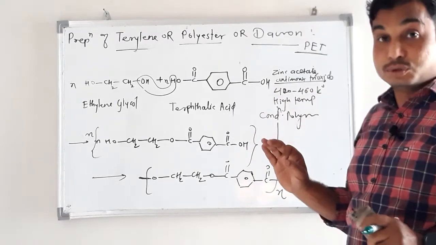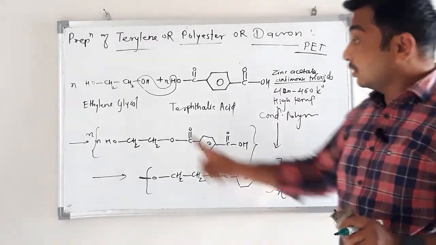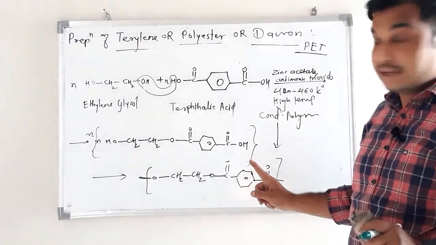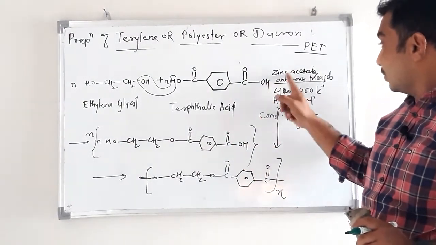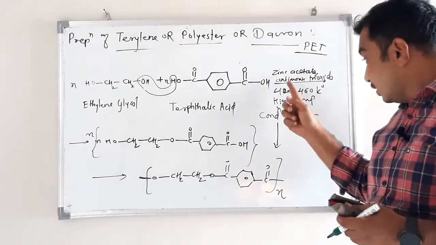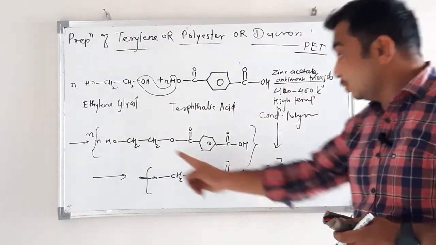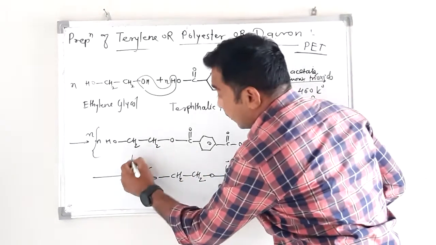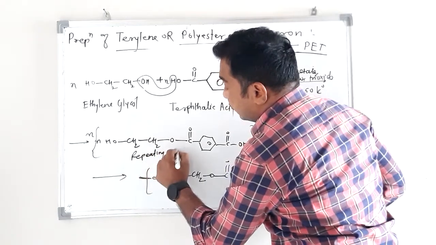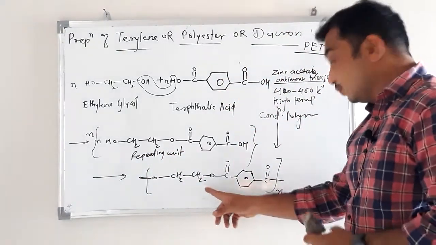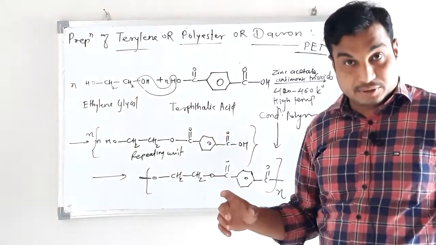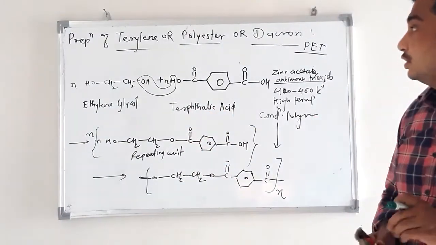And what are the monomers used in this polyester? Ethylene glycol, terephthalic acid. Okay, in presence of catalyst zinc acetate, antimony trioxide and high temperature they undergo condensation polymerization to give this repeating unit, and then polymerization takes place to form a long chain polymer. Okay, so this is the simple preparation for polyester.